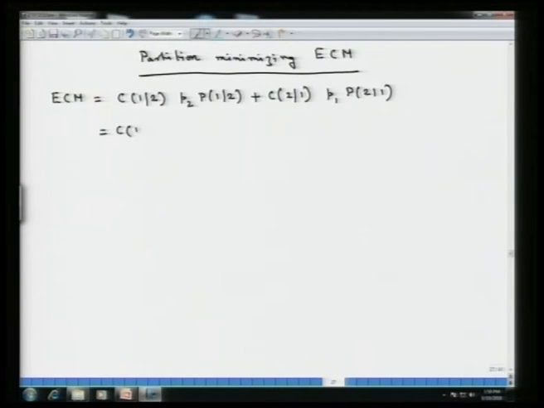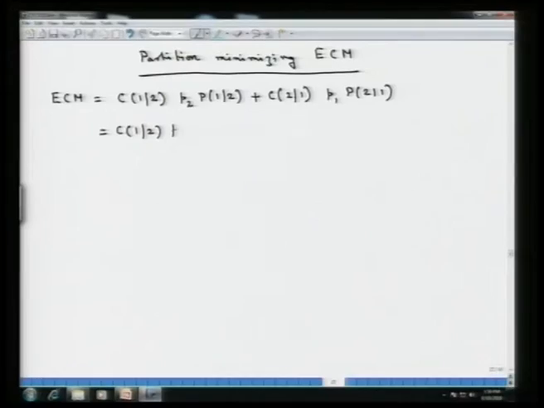Now, in terms of the partitions R1, R2, remember we are talking about a partition of the sample space. It divides the sample space into regions R1 and R2, wherein if x belongs to R1, we classify it into pi 1, and if x belongs to R2, we classify it into the second population, pi 2.